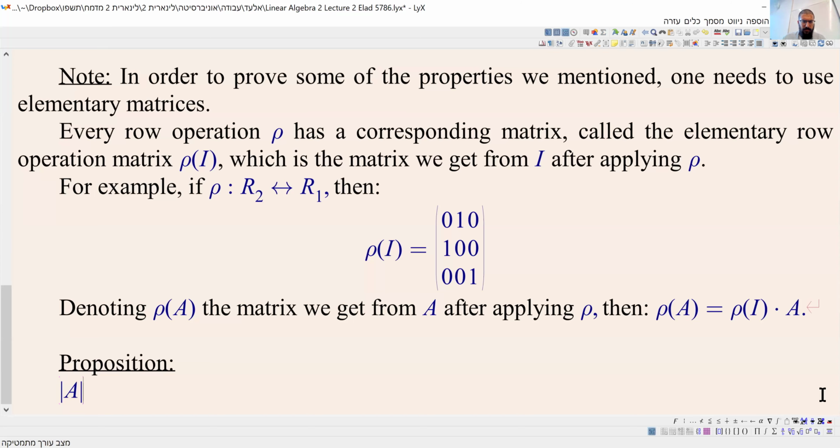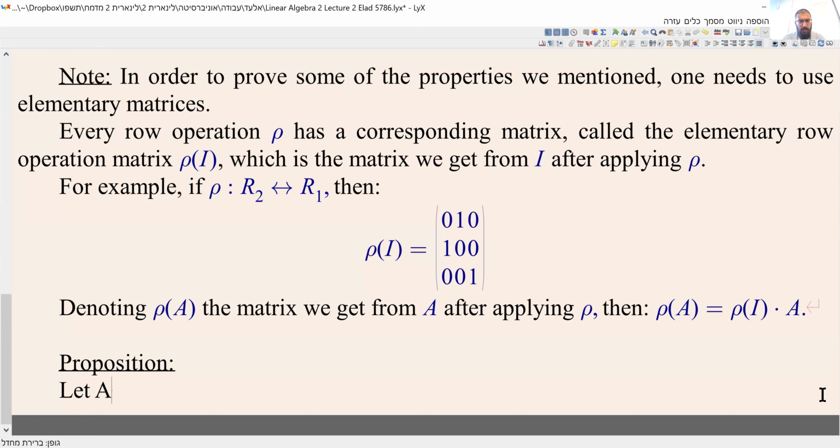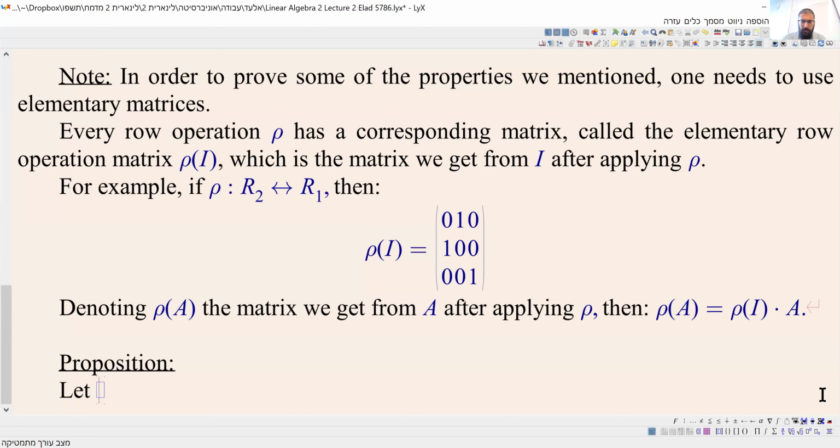The determinant, let's write it fancy. Let A be a matrix of order n, whatever the field is. One can think of it as R or the complex numbers.